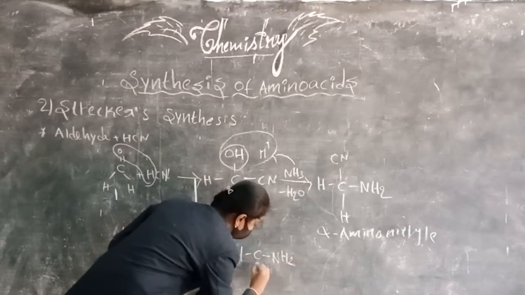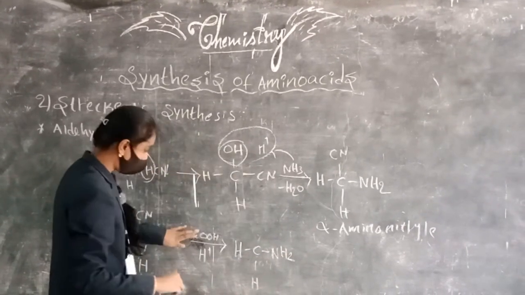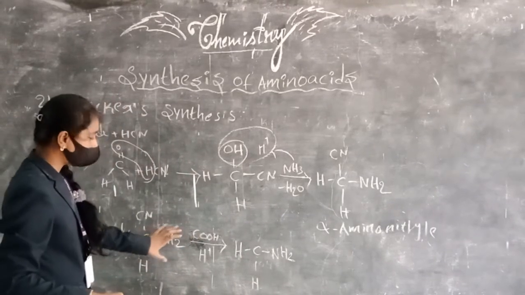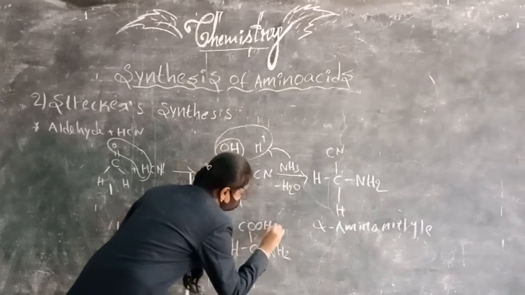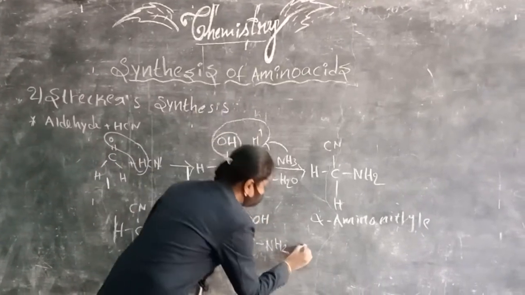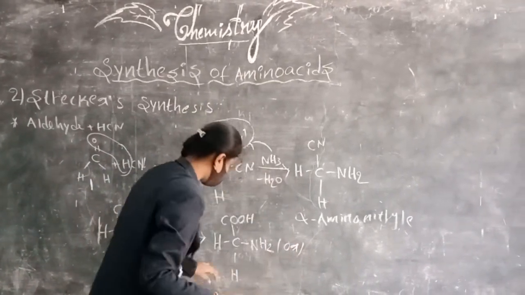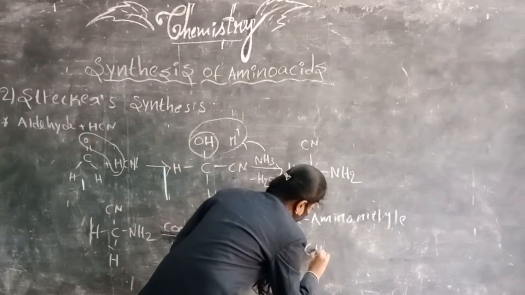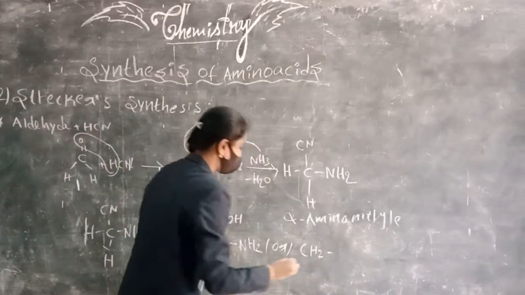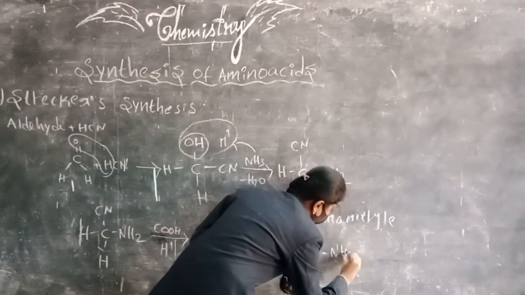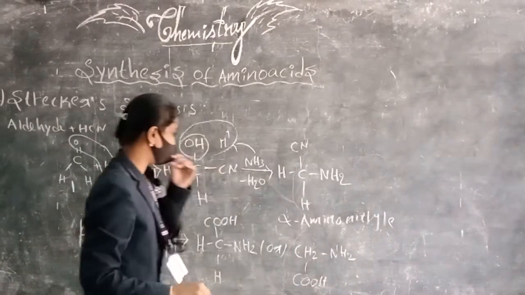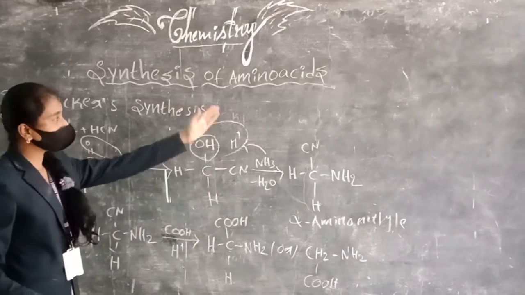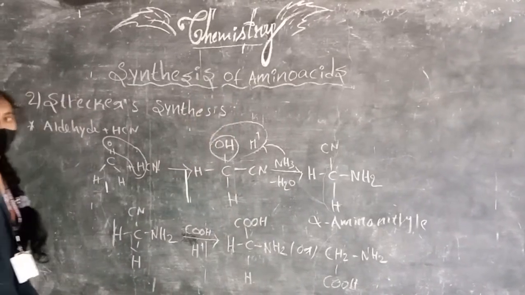Here also we get CH, reacted in the presence of acid, so we get COOH here. Or it can be written in the form of CH2, NH2, COOH. It is the form of glycine. So it belongs to the amino acids.